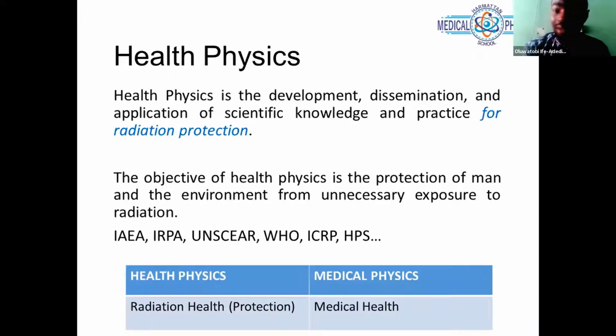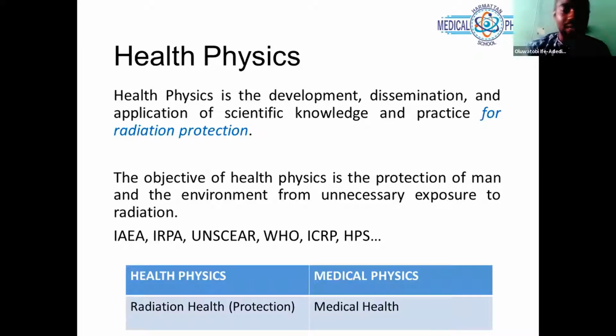It could cover many other areas, whether you're looking at imaging or treatment, whether you're looking at diagnostics or therapeutics. Any application of physics to medicine will come under medical physics. But under health physics, we are basically talking about radiation protection, the protection of man and his environment.